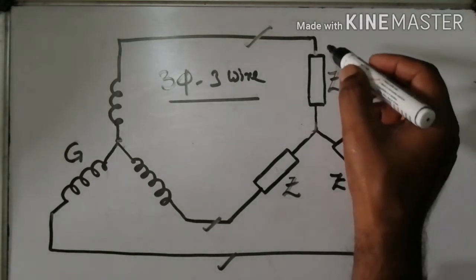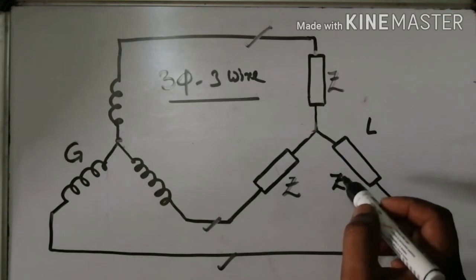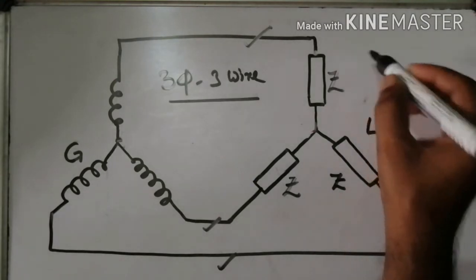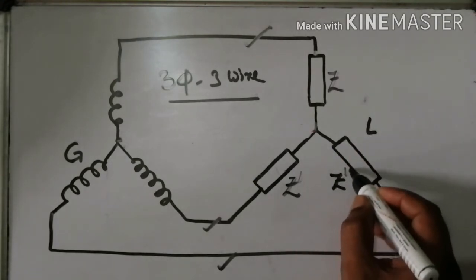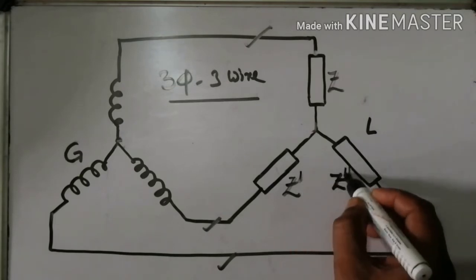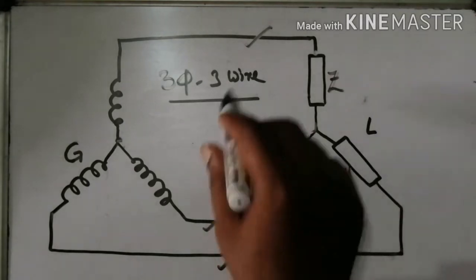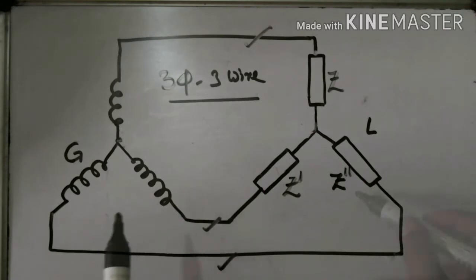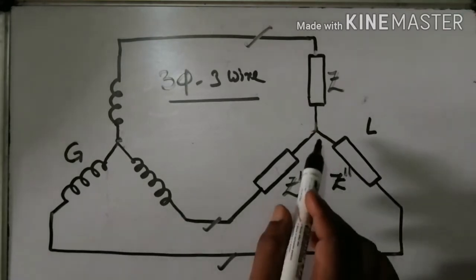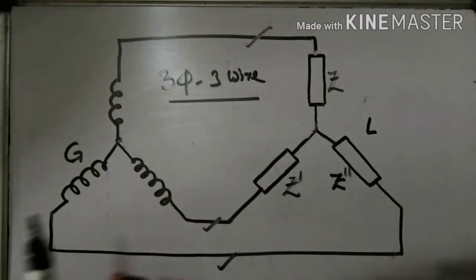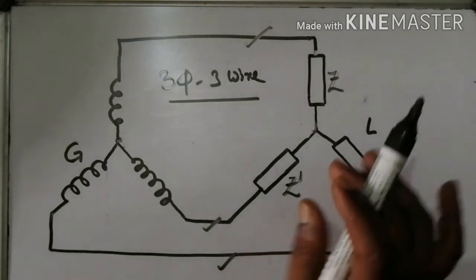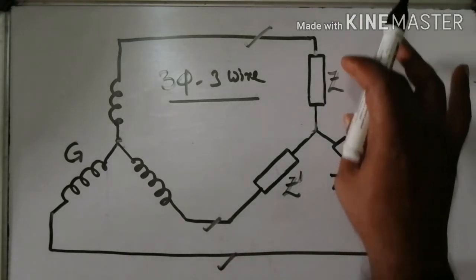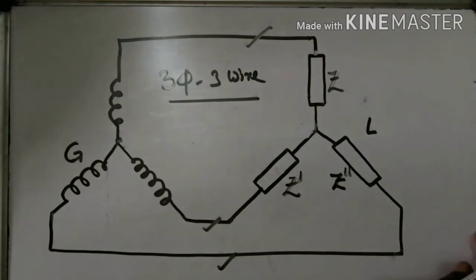If the loads connected over here are not equal, say Z, Z dash and Z double dash, say the load is not equal. It means that removal of the neutral conductor can cause unequal voltages across different loads.